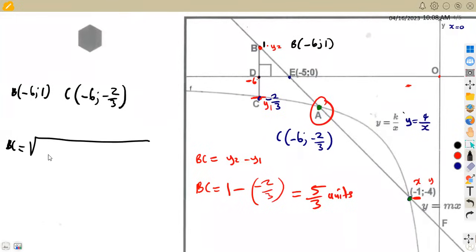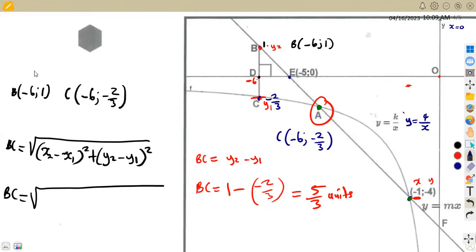Remember that the length BC is equivalent to the square root of (x2 minus x1) squared plus (y2 minus y1) squared. So BC is the square root of, with this as your first point and this as your second point, x2 is -6, minus -1, which is a positive, +6 squared, plus y2, which is -2/3, minus y1, which is 1, everything squared.